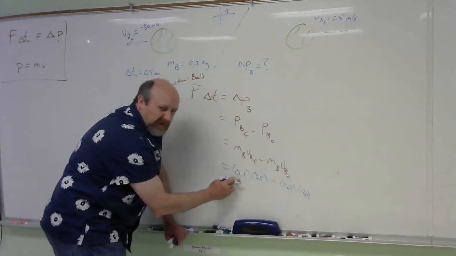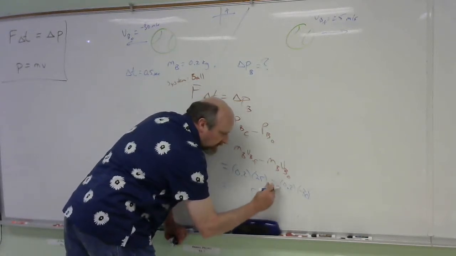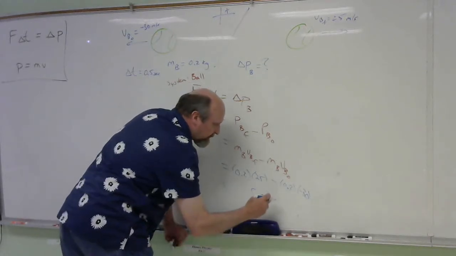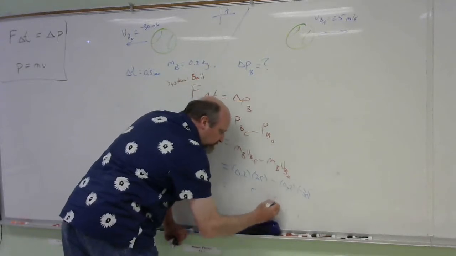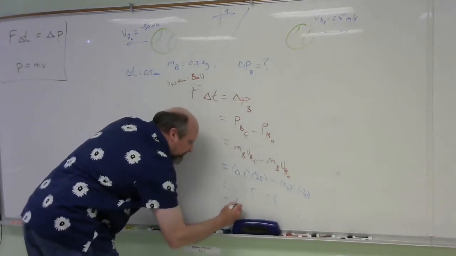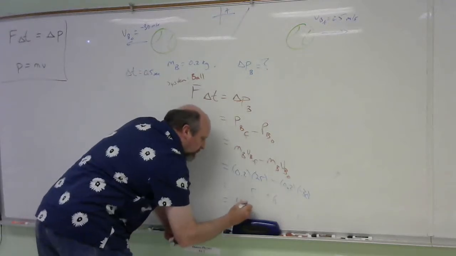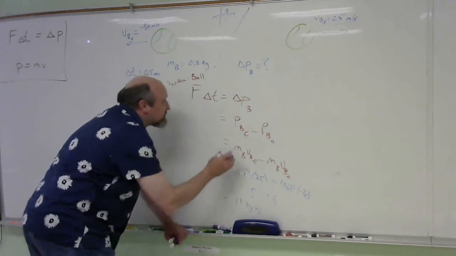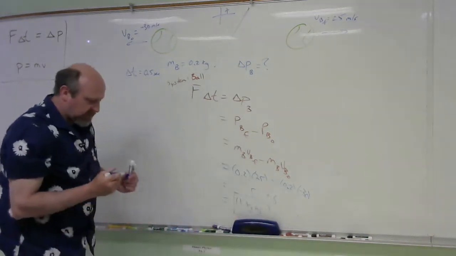Hey, you know what this is? 0.2 is a fifth. A fifth times 25, that's 5. And then a fifth times 30, that would be 6, right? But negative and negative makes that positive. You say my change is a positive 11, and then my units for momentum are kilogram meters per second. Okay, so that is this side, that's the delta PB.